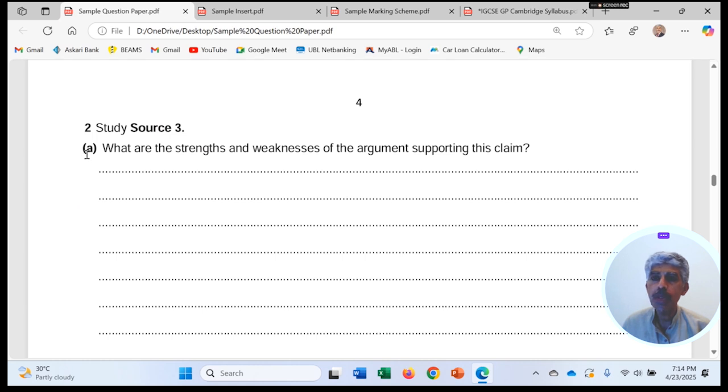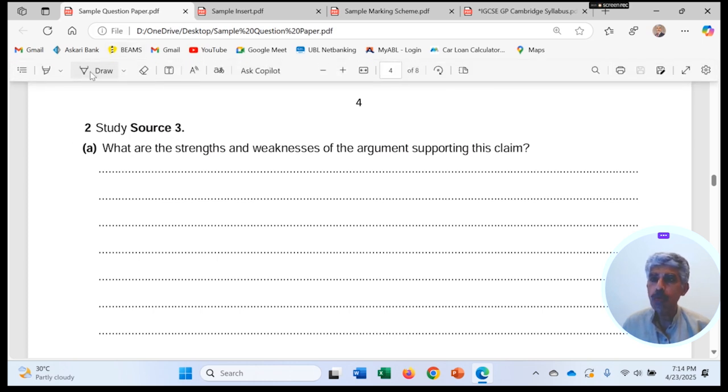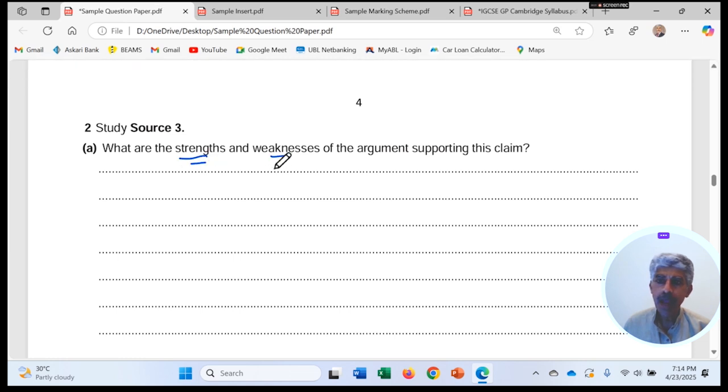As I was telling you the paper pattern yesterday, question number 2 consists of 2 parts, A and B, and in part A we are asked to find out the strengths and weaknesses of the argument given in source 3. This is really very important: question number 2 is related to source 3 only, nothing else.